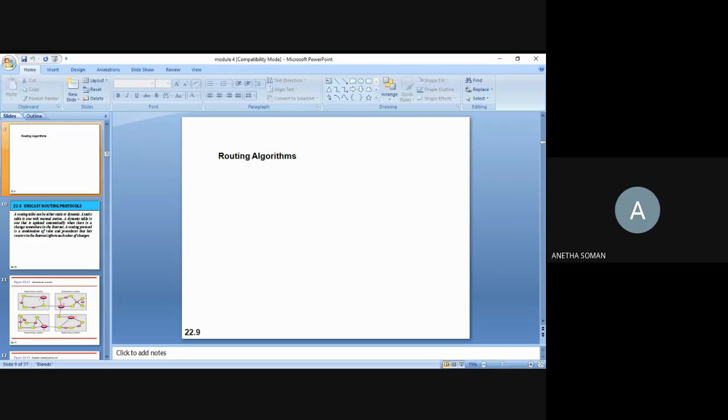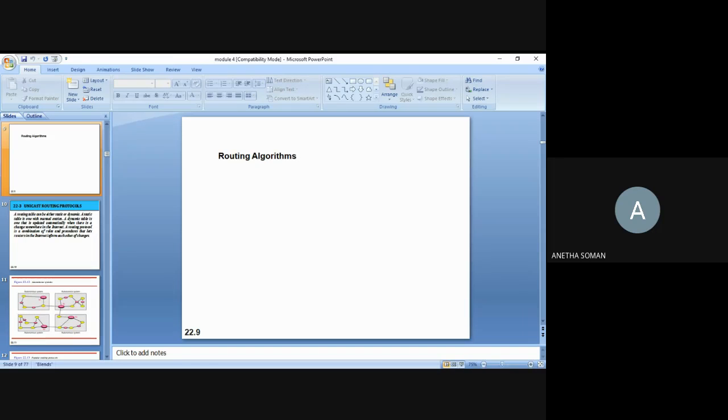The one with the lowest cost is considered the best. You have a source, a destination, and multiple paths; out of them, the path that requires minimum time to reach the destination is chosen. There comes the importance of routing algorithms.